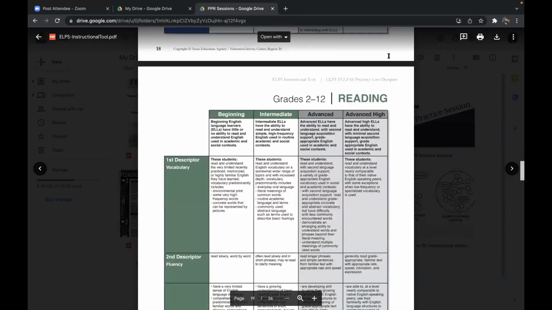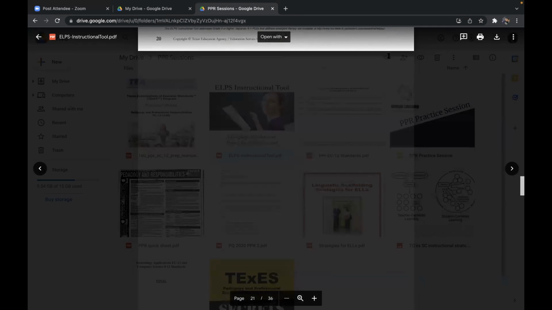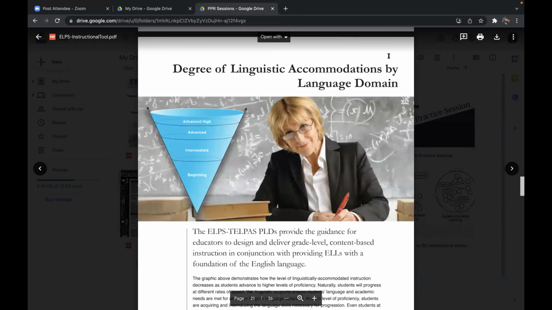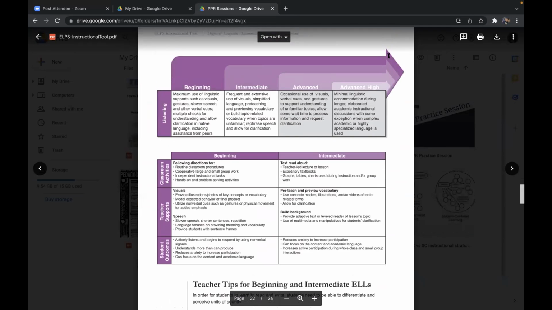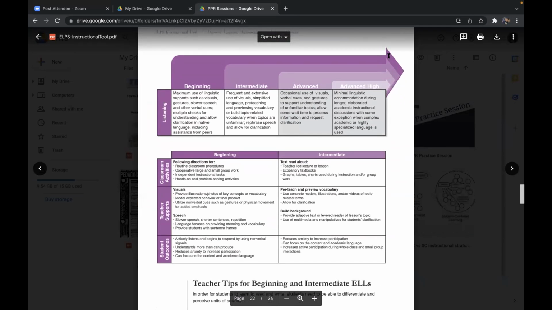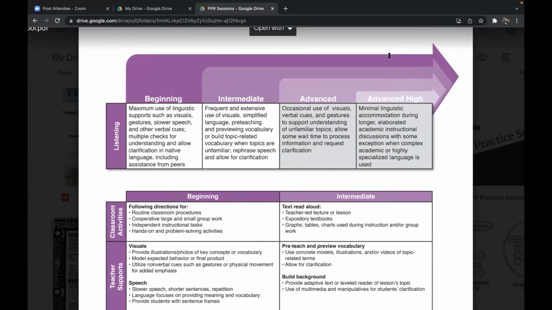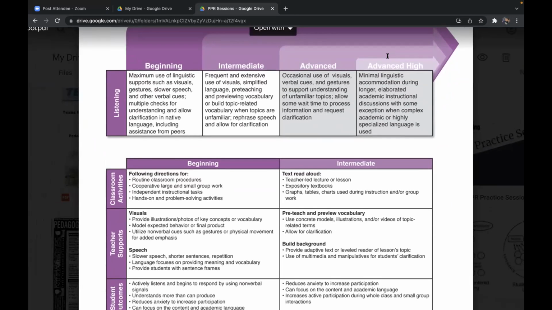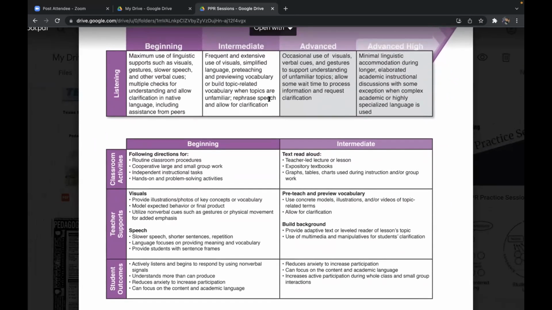And that is listed here for us. I'll show you here. So we're going to look at listening. So you have this summary overall with a beginner maximum.